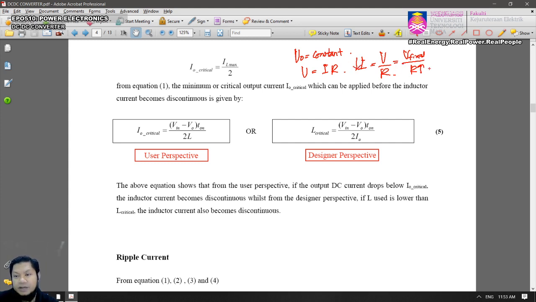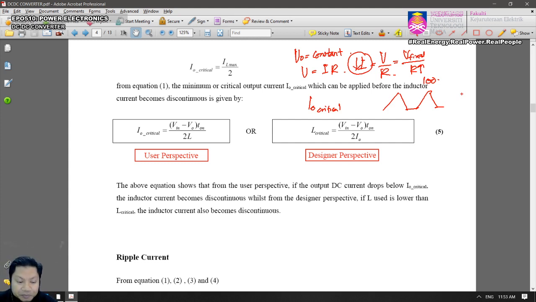So when I changed it just now to 100 ohm, we see that the current has gone below the I critical of the circuit. So that's why we see that the output inductor current becomes discontinuous, and the output voltage is higher than the V out we expect, which is 36 volts in the simulation just now, isn't it?